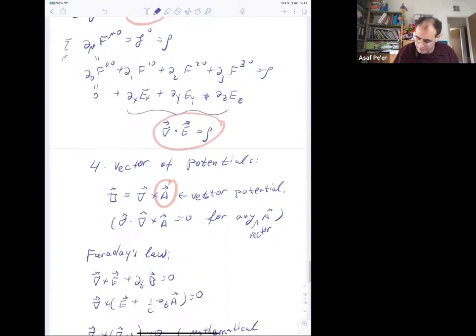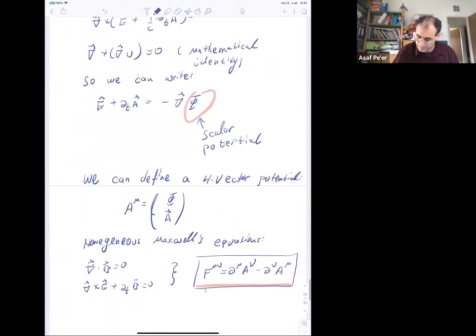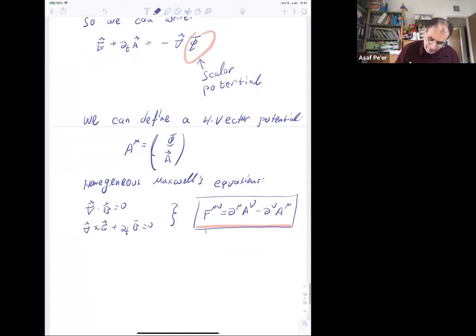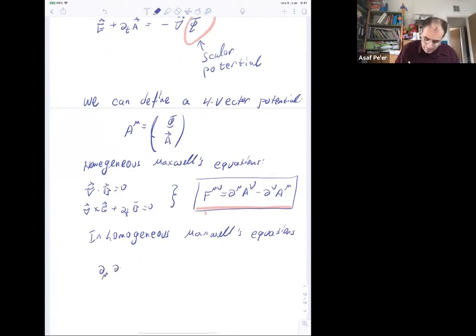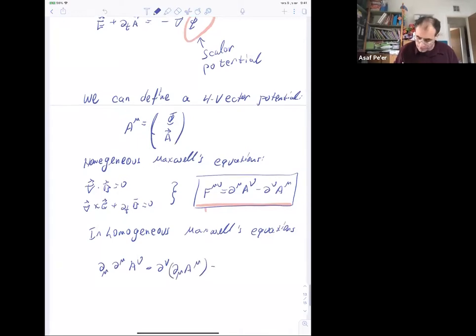I can just plug in F^{μν} here. Just ∂_μ F^{μν}, so I can write it down as ∂_μ(∂^μ A^ν minus ∂^ν A^μ) is just J^ν.